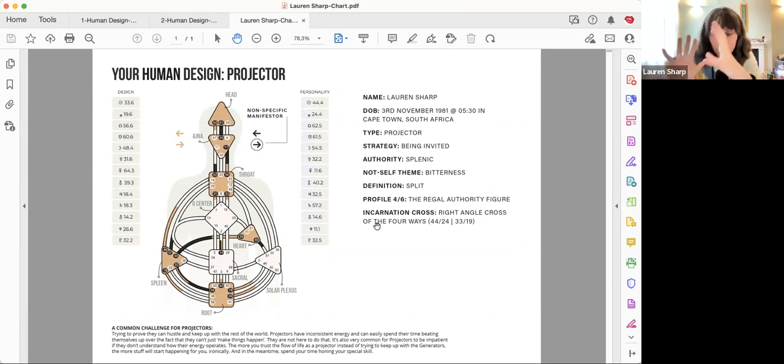It's super complex at its level. And I wouldn't teach that as a workshop either, because it wouldn't make sense. There are maybe 300 incarnation crosses, which is why it's impossible to teach it as a workshop.